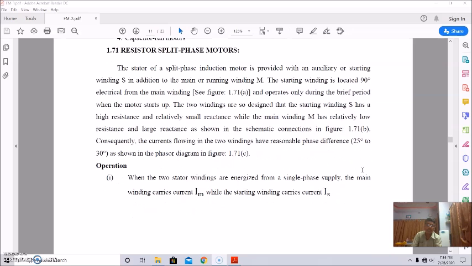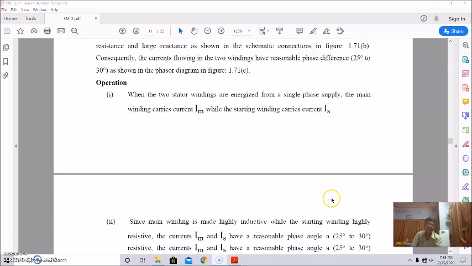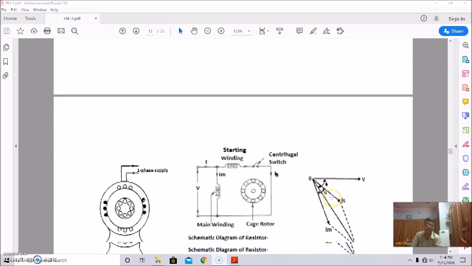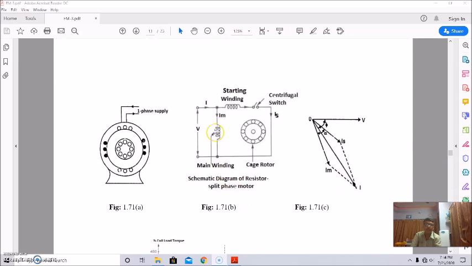Now how it operates: when the two stator windings are energized from a single phase supply, the main winding carries the current IM, while the starting winding carries the current IS. Before coming to that, I am coming to the discussion. This is the main winding or running winding, and this is the starting winding.